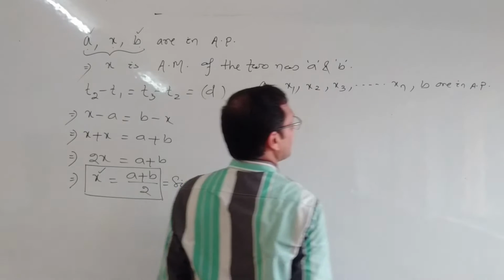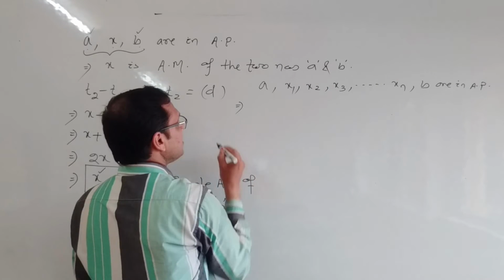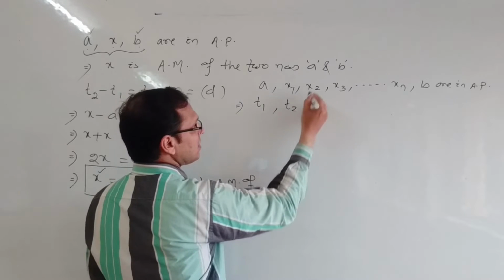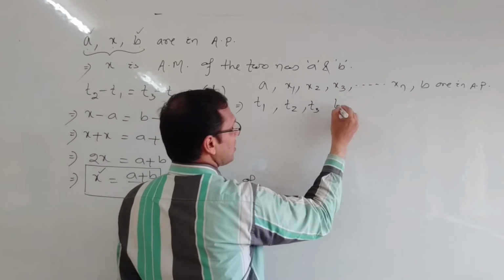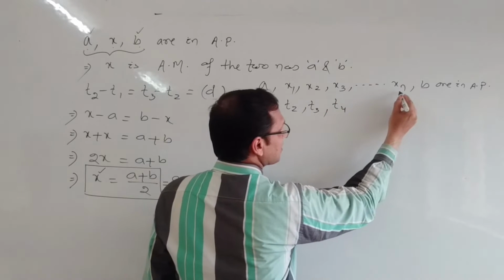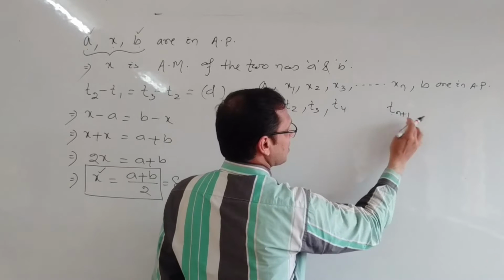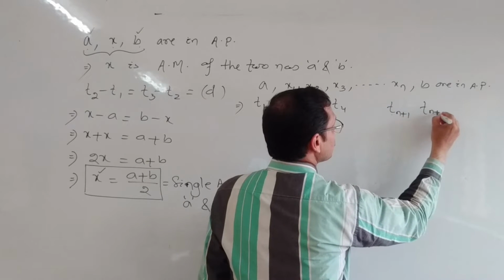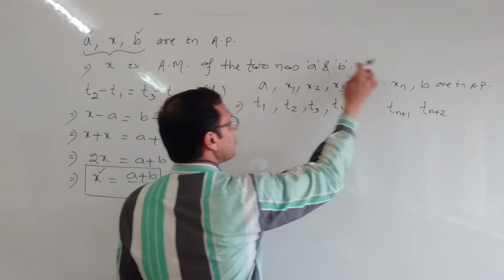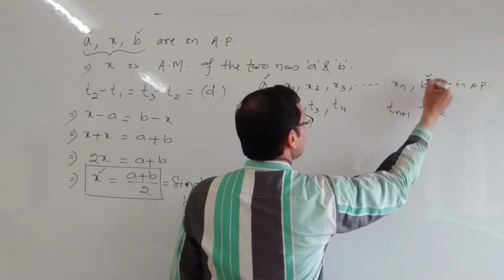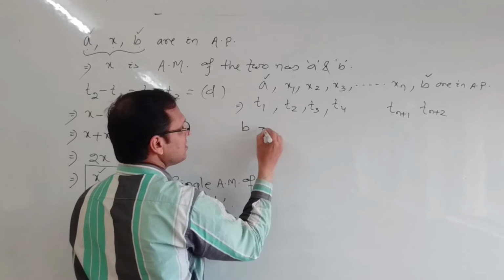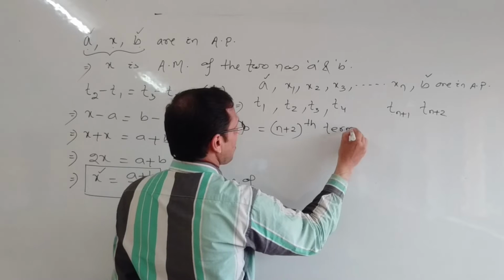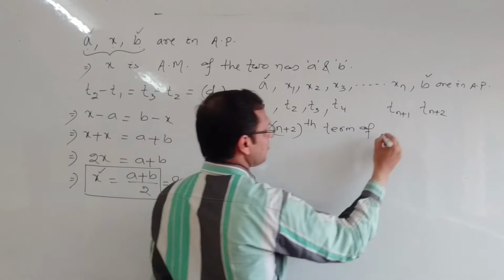Here T1 is a, T2 is x1, T3 is x2, T4 is x3. Likewise, xn is the (n plus 1)th term, and b is T(n plus 2). So n arithmetic means in between the two numbers a and b means b is the (n plus 2)th term of the AP.